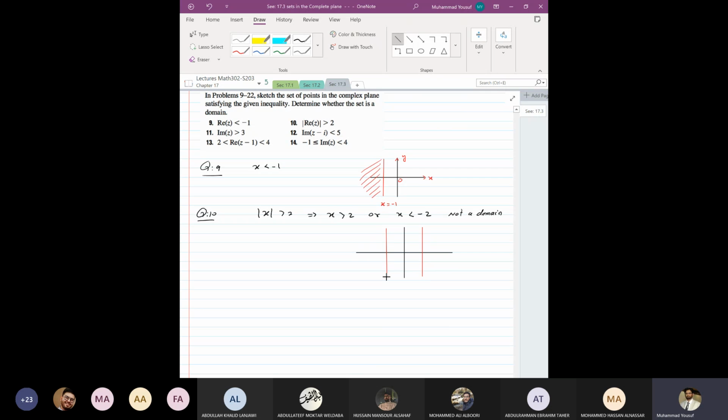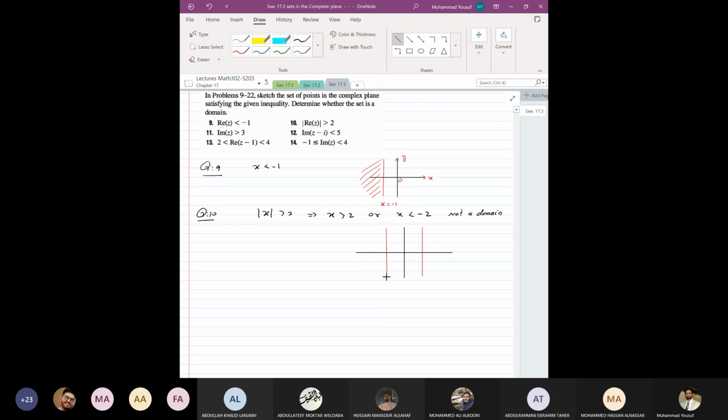So we are using red color for a line which is not included. So let us take blue color for a line which is included. Blue color is included, red is not included. So here, this is the region, this strip.